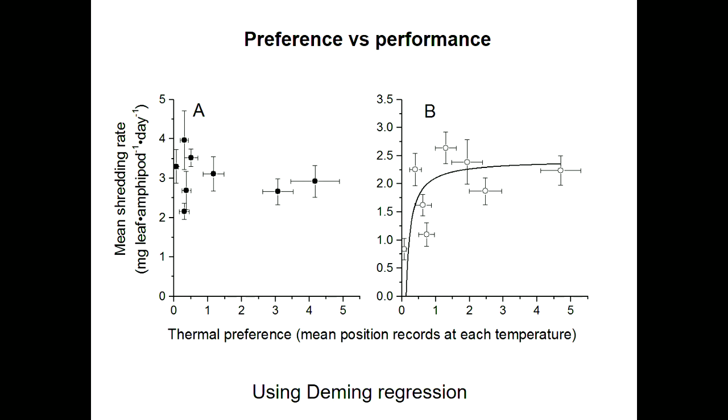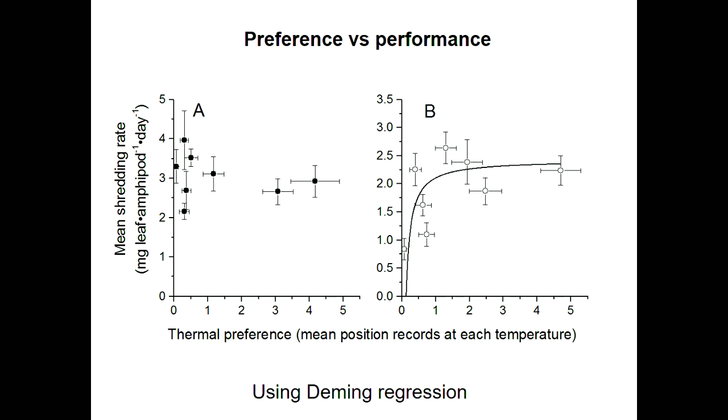When we compared the thermal preference, that's the time, the activity plot from the first set of results, with their performance, so you can categorize them according to the number of position records at each temperature, we could try to evaluate whether or not these species were preferentially selecting the temperatures at which they perform best. And there's no evidence for this in the native. You have to believe me that there's weak statistical significance for an effect in the invasive.